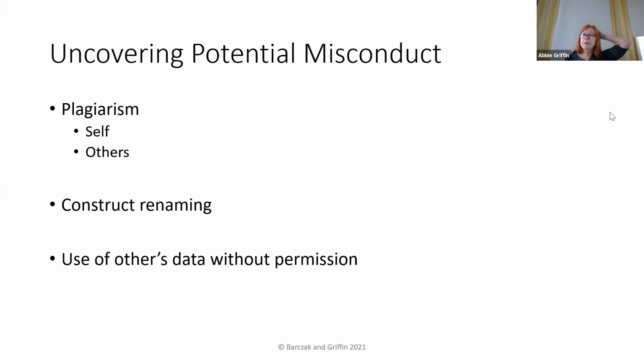And the problem arises when you've got construct renaming, i.e. there are 4 or 5 items in a variable, and you use all 4 or all 5 of them, and you call it product development performance in one article and product development success in the other article. Same construct, slightly different names. And if it's used in a model where you've renamed 3 or 4 of the constructs, but they're all the same items, that's basically construct renaming, which constitutes plagiarism.